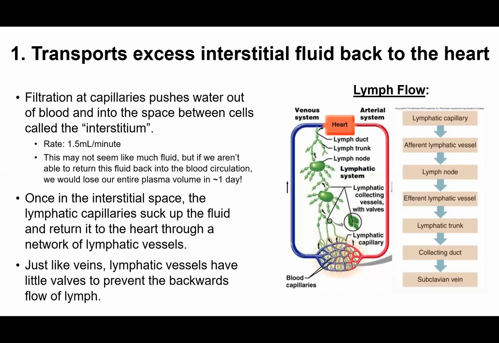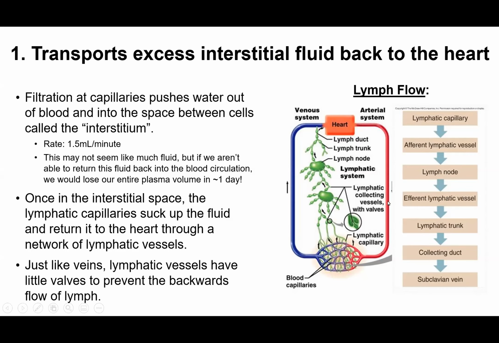Again, function number 1: transport excess interstitial fluid back to the heart. That might seem a little bit intimidating to hear, but I'm going to break it down and hopefully make this a little bit easier for you. We've already learned that blood starts in the heart, and then it goes out the aorta into all of our arteries.